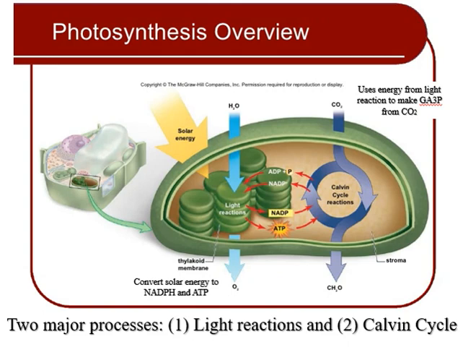So again, it uses those products of the light-dependent reactions to make sugar from carbon dioxide. Again, that sugar molecule will be your glyceraldehyde 3-phosphate, or G3P. So the Calvin cycle is the synthesis part of photosynthesis.